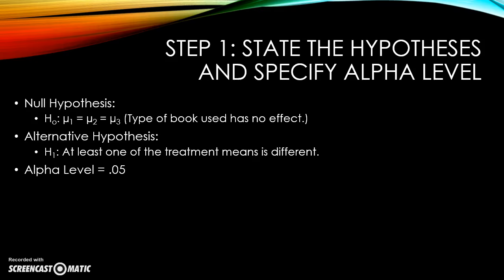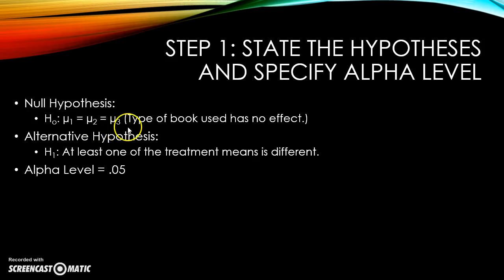Step 1 to start the analysis would be to state the hypotheses and specify the alpha level, as we said previously. The null hypothesis for this example would be, again, represented by H0. It would be the mean of treatment 1 equals the mean of treatment 2, which equals the mean of treatment 3.